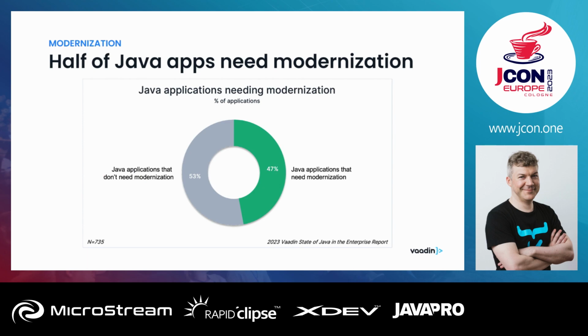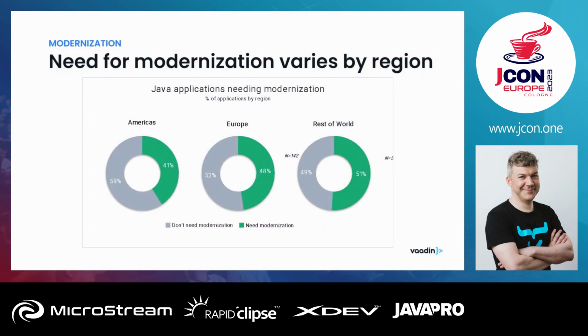And organizations were kind of split in their perception of Java apps needing modernization. So over half of all the respondents said that they think that the Java applications don't need modernization at the moment, and the other half saying that they do. There was some variance by region, so we were looking at the Americas, also at Europe and the rest of the world.